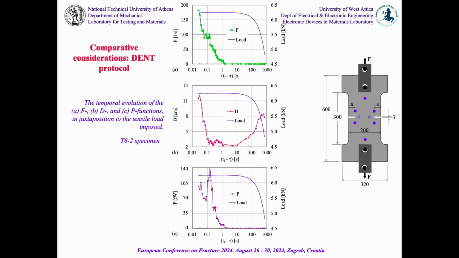As a last step, I tried to compare the results of the distance between the sources to the predictions of the F function, which, as I mentioned, is the function describing the frequency of generation of hits or of acoustic sources, and the energy of the acoustic events and of the acoustic sources.